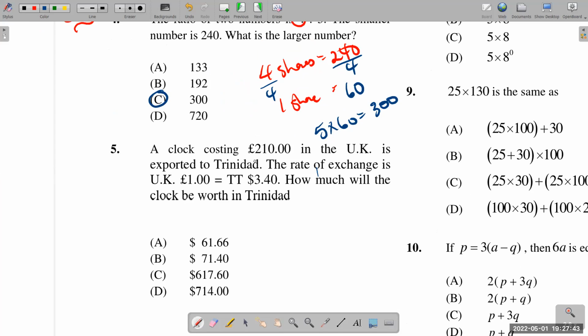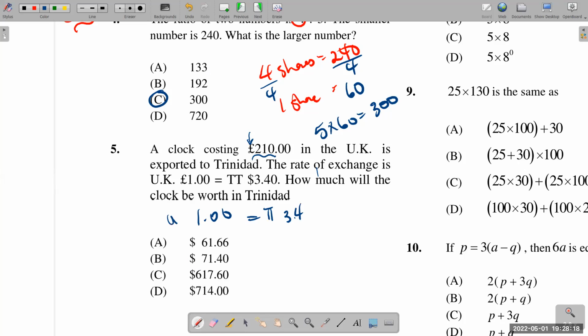They say a clock costing 210, I think that's pounds, in the UK is exported to Trinidad. The rate of exchange is you're going from UK pounds to TT. What do you do to go from pounds to TT? If you're going from $1 to TT 3.40, what do you do to go from one to the other? Multiply or divide?